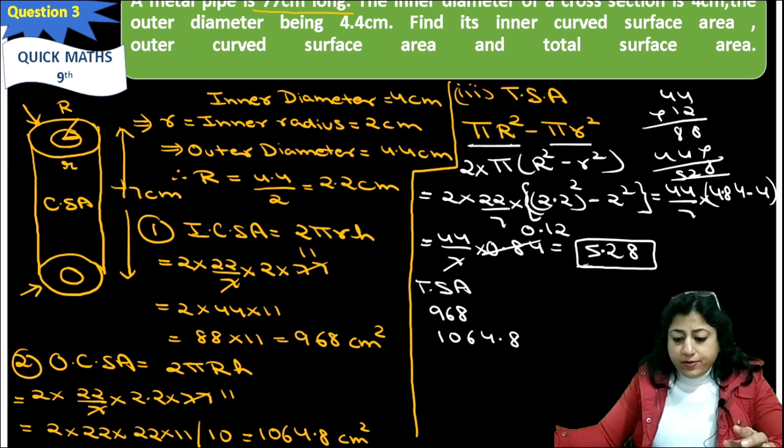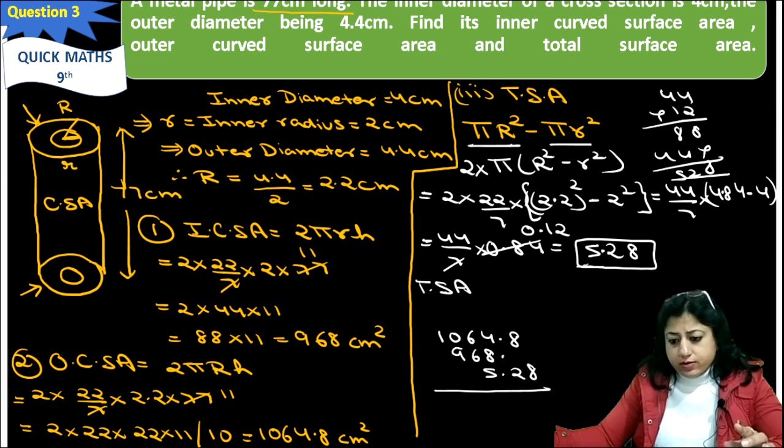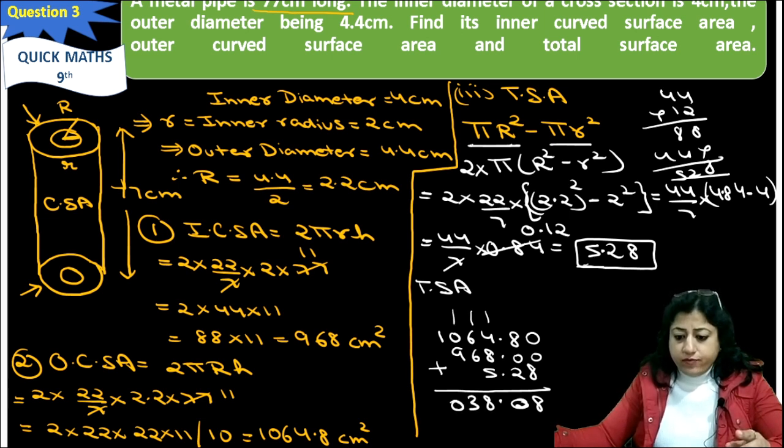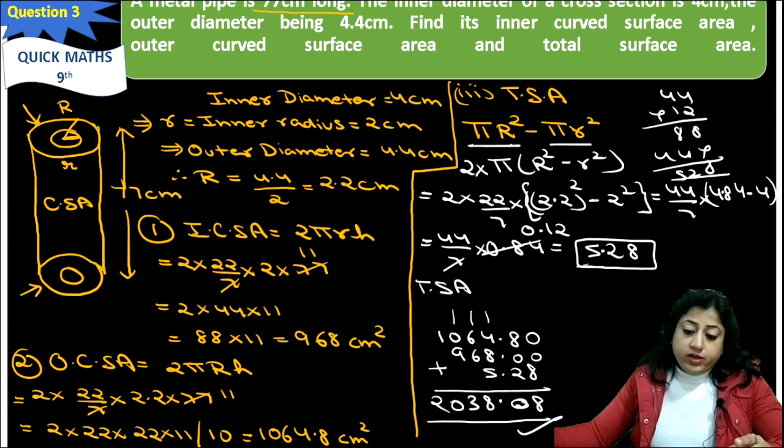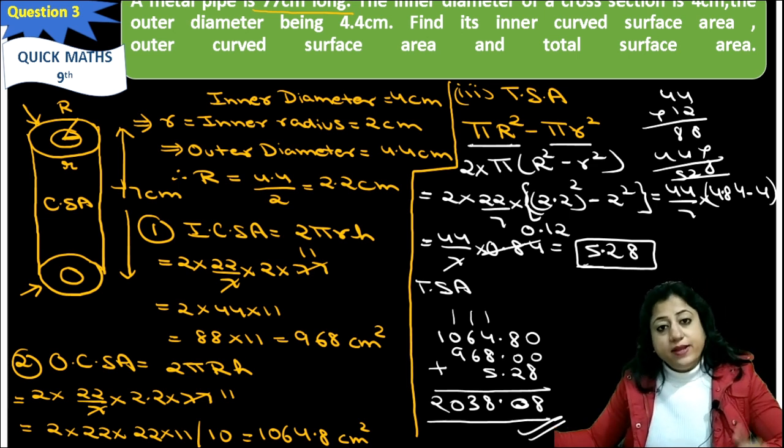This is the addition of all, so it will be 2038.08. 2038.08 is the complete total surface area.